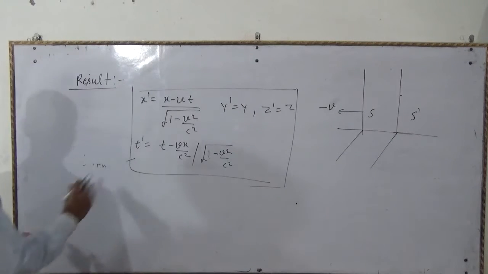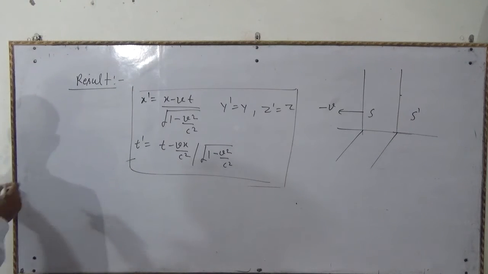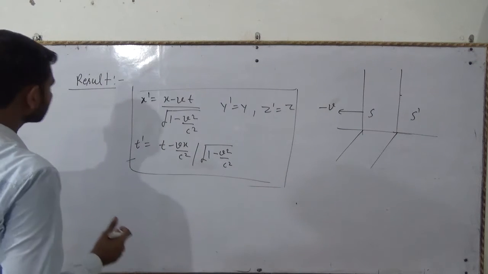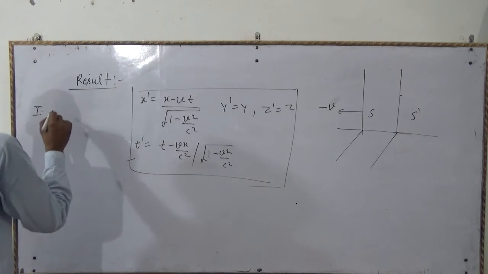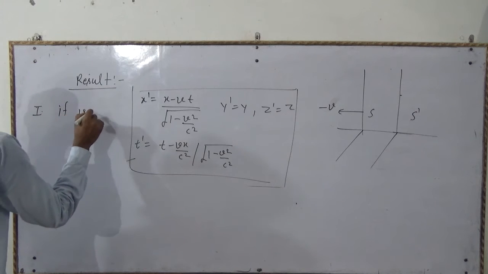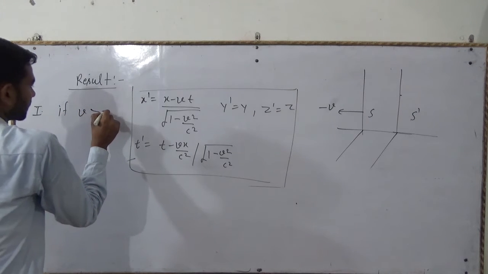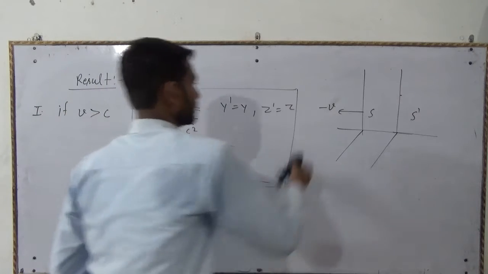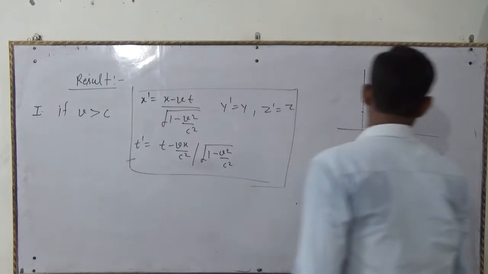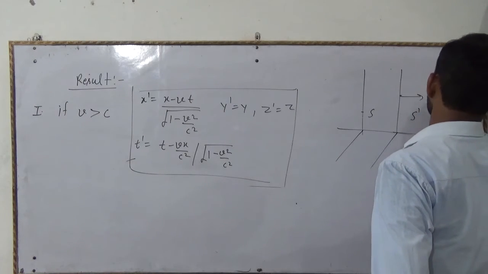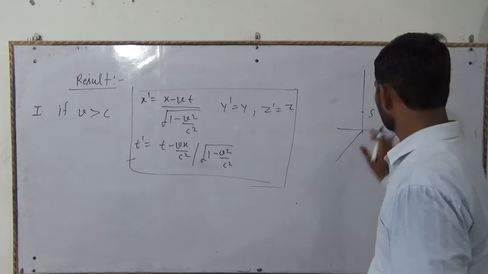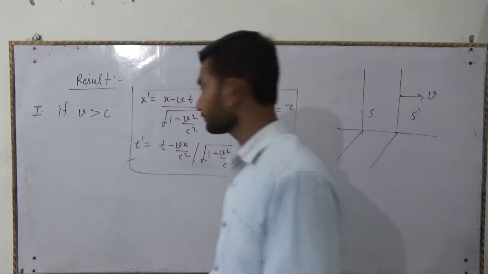The first result is under the first case or condition, if v is greater than c. Here again we are considering that frame S dash is moving with velocity v along the positive x-axis relative to the frame S.